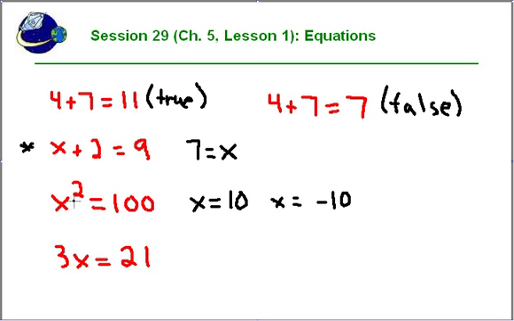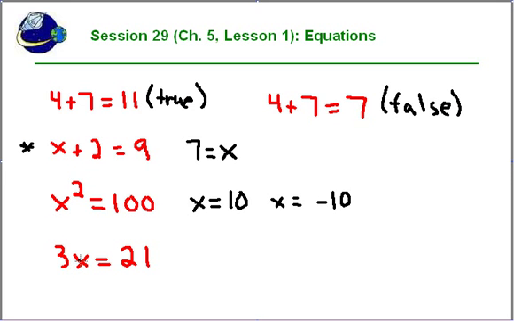So for this equation here, we actually see that there are two solutions. One being a positive and one being a negative. And that's because we had a variable that was squared here. In our last equation here, 3x equals 21. Well, if you remember, when a number is written immediately next to a variable and there's no other operational sign between the two, it means that a multiplication is occurring.